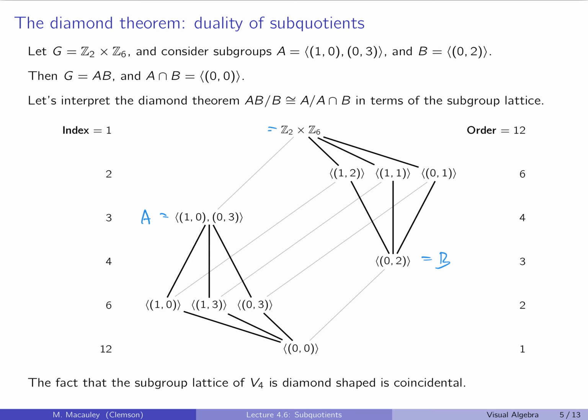So this is AB. This is A intersect B. And the diamond theorem just says that this quotient, which is V4, is isomorphic to this subgroup, which is also V4. And the fact that the subgroup lattice of V4 is diamond-shaped is purely coincidental, but it's a nice touch.